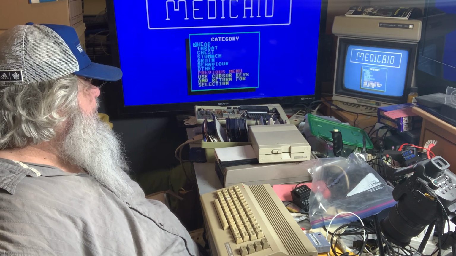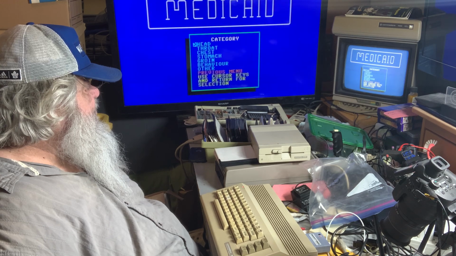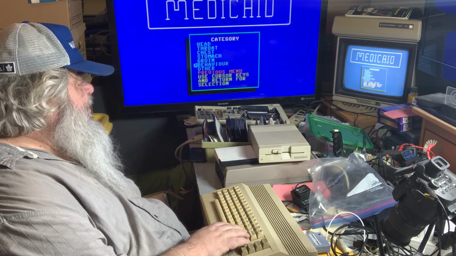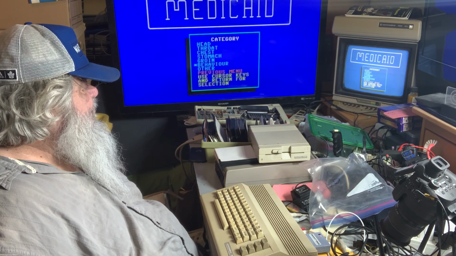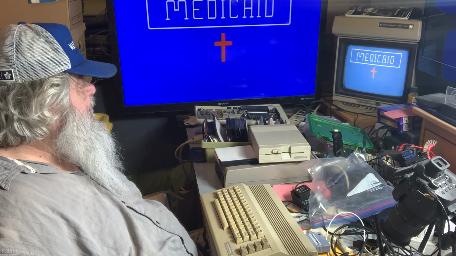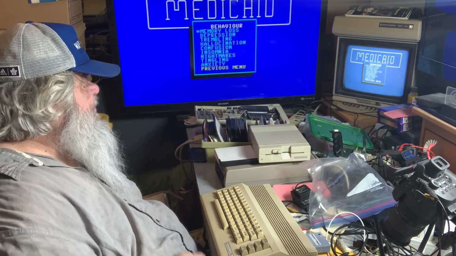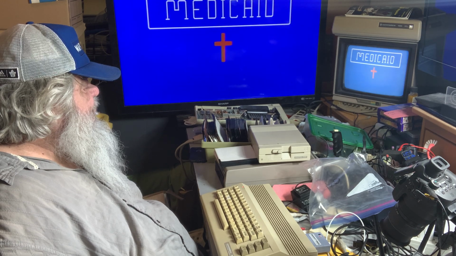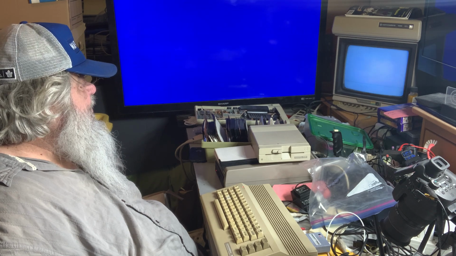Head, throat, chest, stomach, groin, behavior, other. Previous menu. Use cursor keys and return. Behavior. Memory loss. Good. Yeah, that's one. Memory loss. Loading data. Ooh.